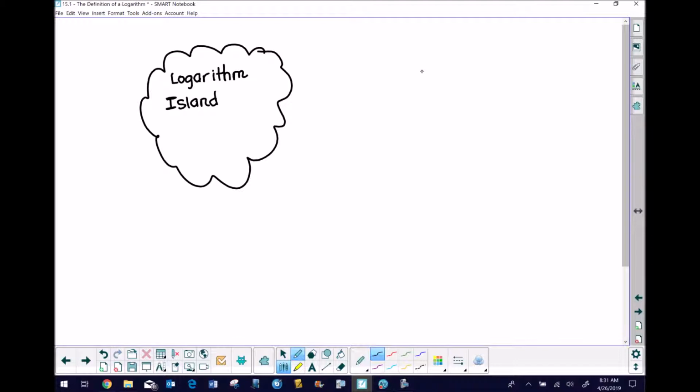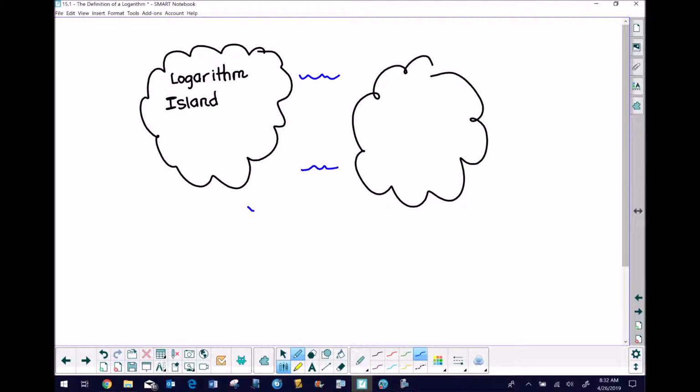And across the sea, across this raging sea here, with the waves crashing about, we have Exponential Island. And on Exponential Island, as you can probably imagine, there live lots of exponential expressions.